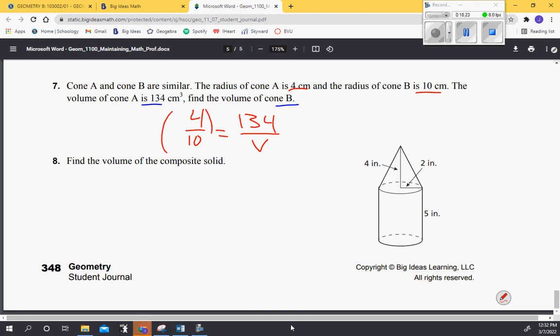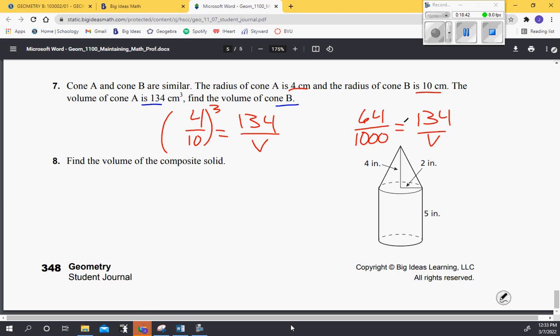So we're going to cube these. So this rewritten as a fraction, 4 cubed is 64. 10 cubed is 1,000. That's still equal to 134 over V.